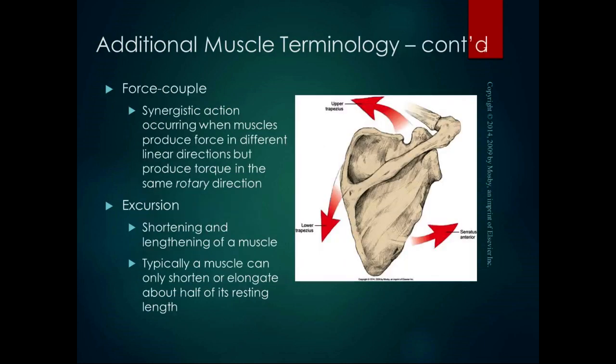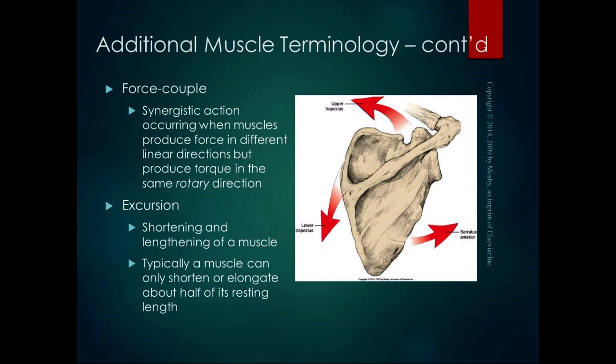A force couple is a specific type of synergistic action. Muscles in a force couple produce force in different linear directions, but they produce torque in the same rotary direction. There are parts of our body that do those rotary motions. The scapula is a big one of them. When we elevate our arm, the scapula has to upwardly rotate in order to get the acromion process out of the way.